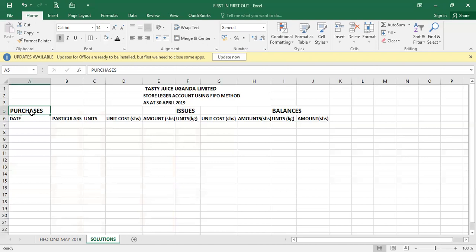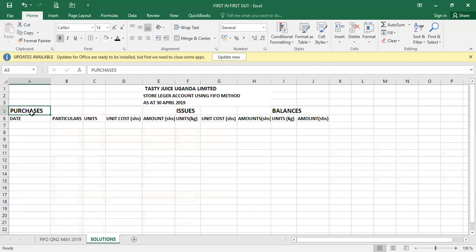So when you are using Fifo, the difference is only in terms of which raw material is going first. Fifo, as the name says, first in, first out, it means what you receive first is the one that is supposed to be issued first.